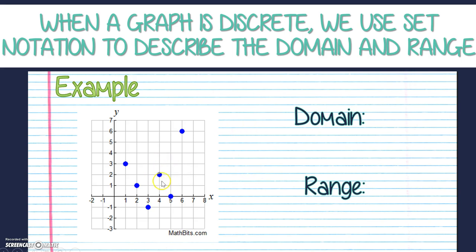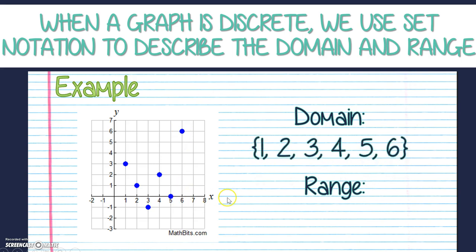All right, so if we list the domain, it is all the x values. So along our x-axis, we only want to pick the x values that are actually being used in the graph. So this first point is on 1, this next point is 2, next point is 3, next is 4, then we have a 5, and then we have a 6.